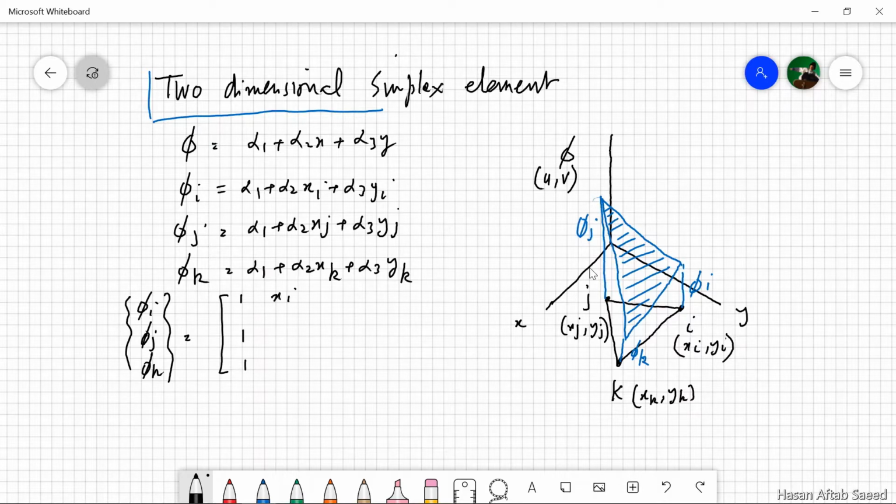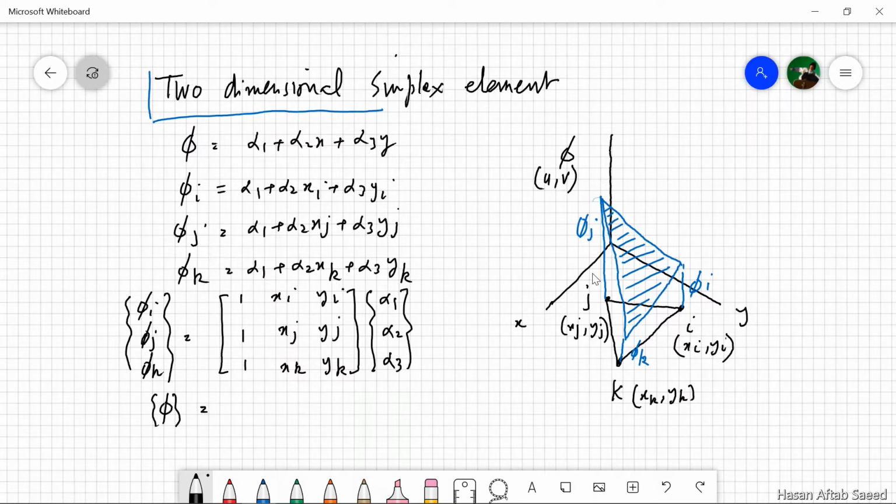And we have xi, yi, xj, yj, xk, yk, and here we have alpha 1, alpha 2 and alpha 3. Now symbolically we can write this as a phi vector, x matrix and alpha vector.